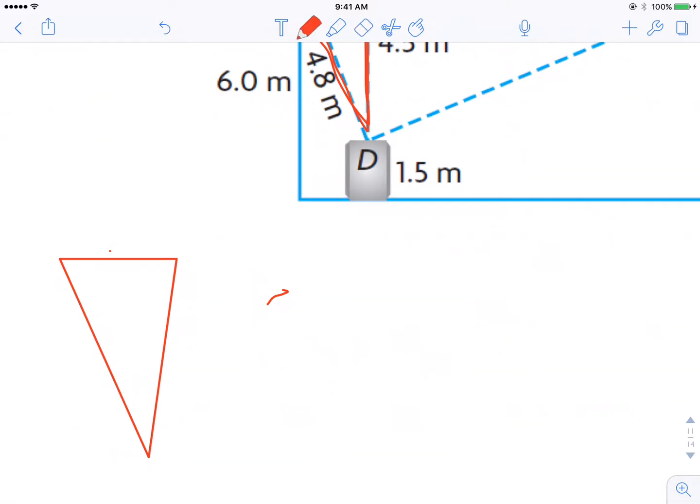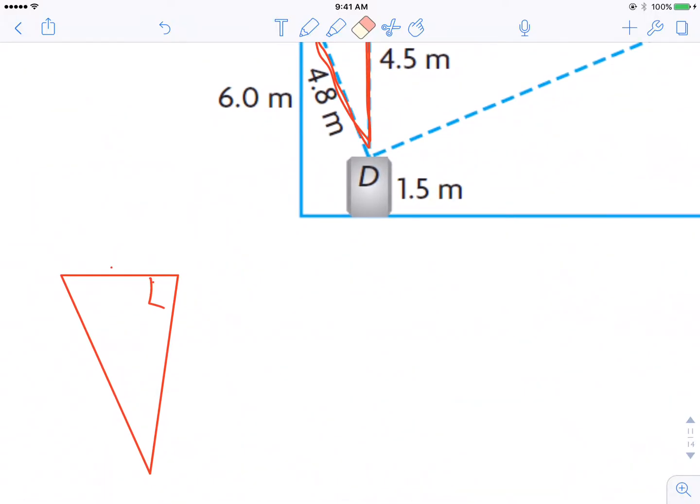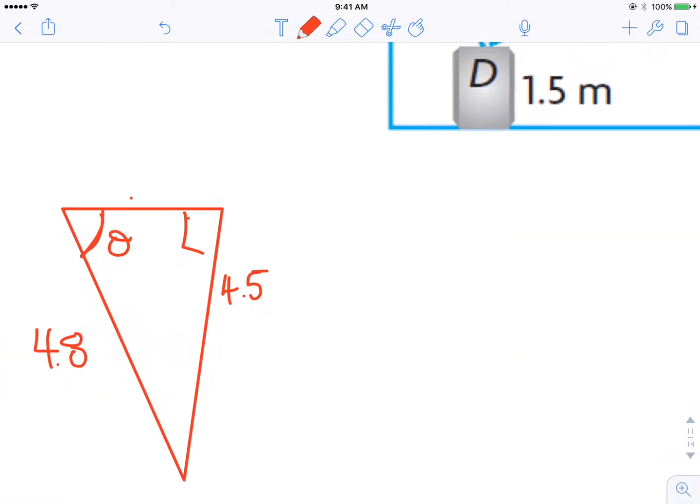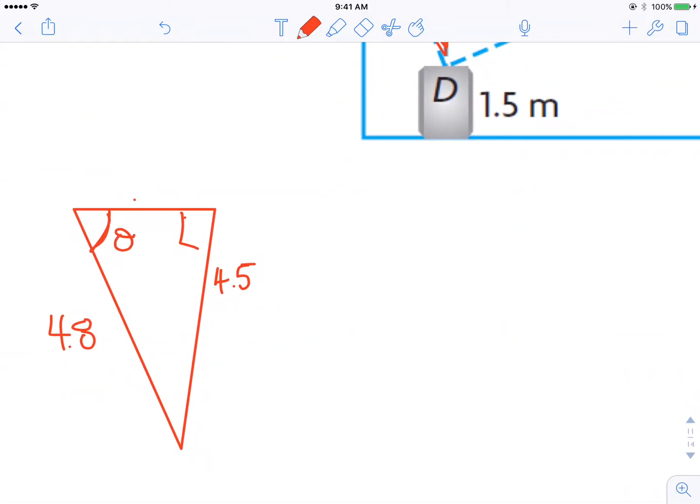There's my right angle triangle, and I know that this is 4.8, and alpha is what I'm looking for, and this is 4.5. And we have to find this angle theta.